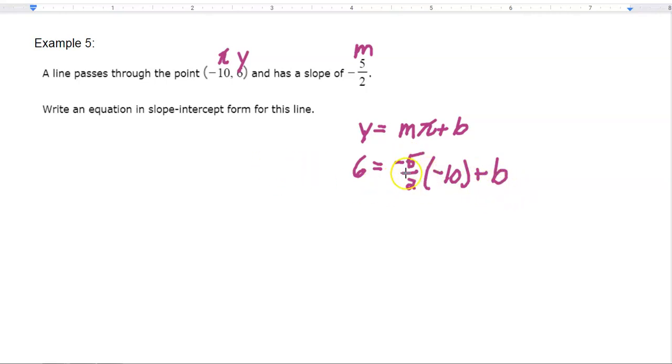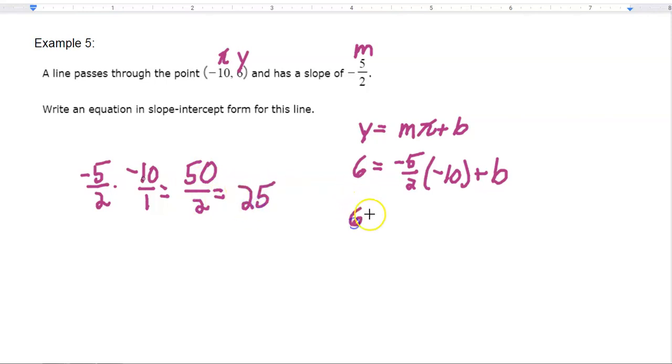So -5/2 times -10, -5 over 2 times -10 over 1. -5 times -10 is going to be +50 over 2. 50 divided by 2 is going to give you 25. Okay, so 6 equals 25 plus b.